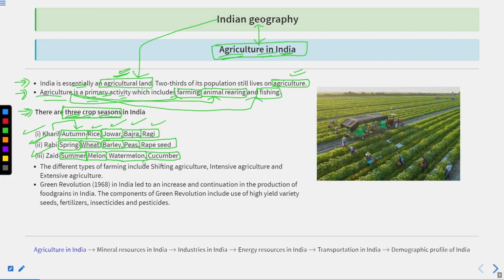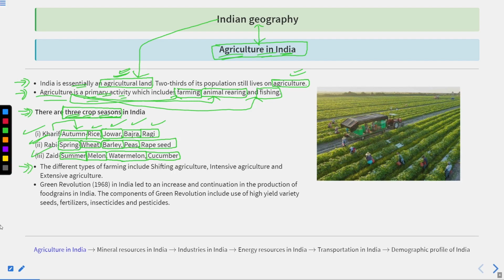Okay, so these are the main crop seasons in India. Kharif in the autumn, growing rice, jowar, bajra, and ragi. Rabi in the spring, growing wheat, barley, pears, and rapeseeds. Zaid in the summer, mainly melon, watermelon, cucumber. It means the fruits and the light vegetables we grow here.